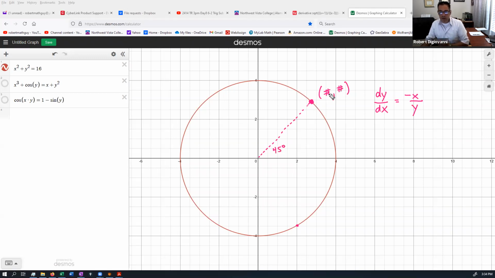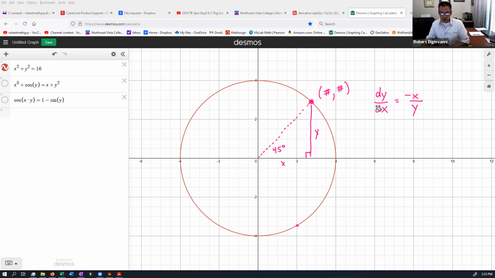These are the same numbers. At 45 degrees, you go out to the right the same amount you go up. Whatever x is, y has to be the same.